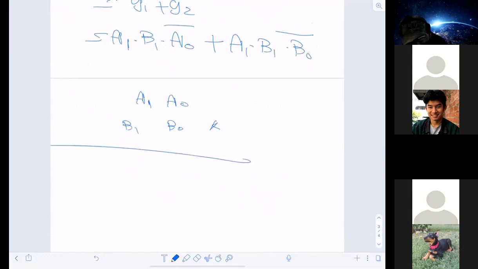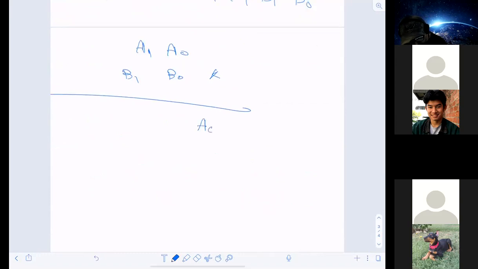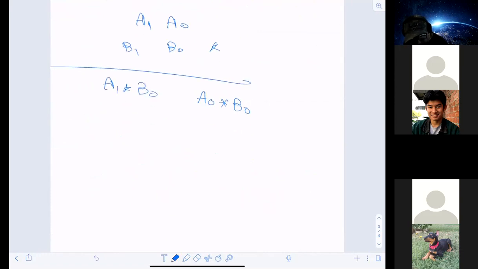Then it's going to be A0 times B0, A1 times B0. Then A0 times B1, A1 times B1, and then you start adding.